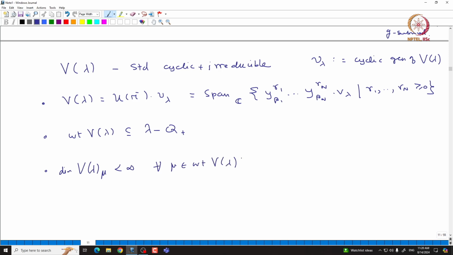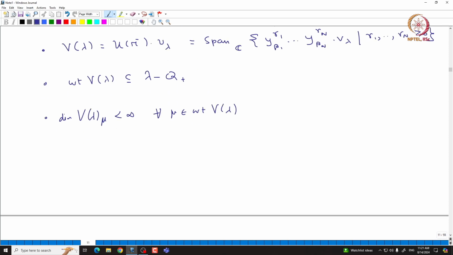These are all important properties that we have for standard cyclic modules, so those properties should continue to hold here. Since V of lambda is irreducible to begin with, the maximal submodule contained in V lambda will be 0, which is the unique proper submodule.